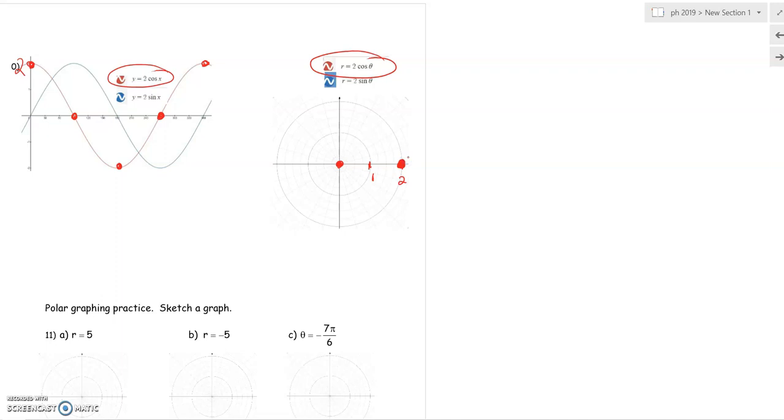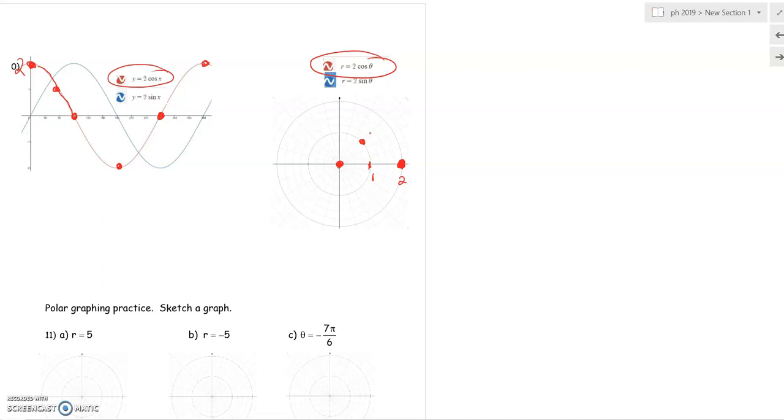So let's see what's happening in between those critical points. If I'm at 0 degrees, notice that my y is getting smaller and smaller as my x value goes from 0 to 90. For example, at 45 degrees, our y value is approximately 1.4, so 45 degrees would be right about here.